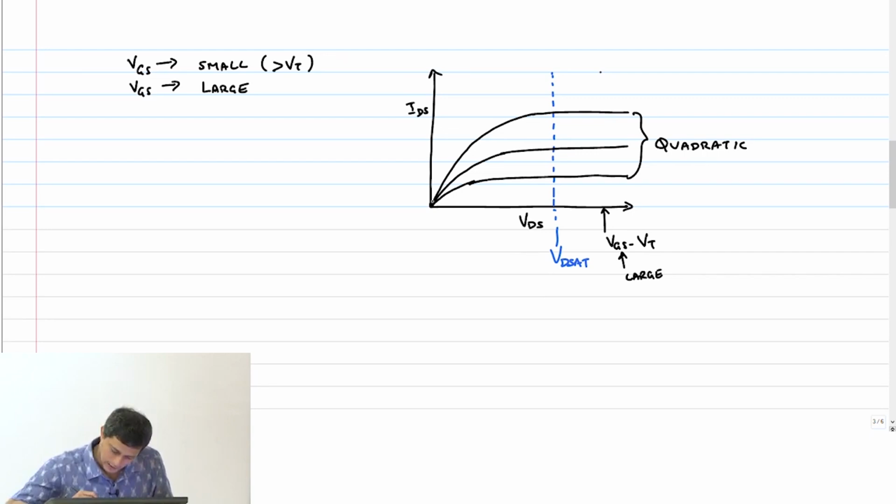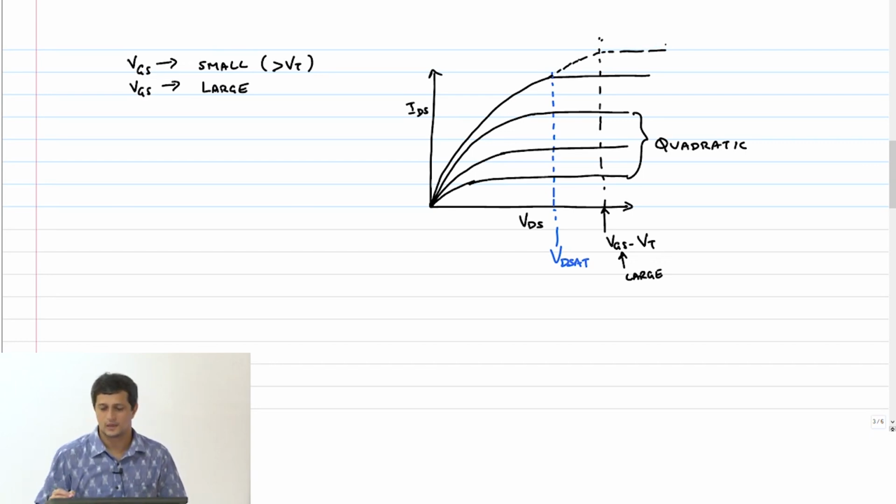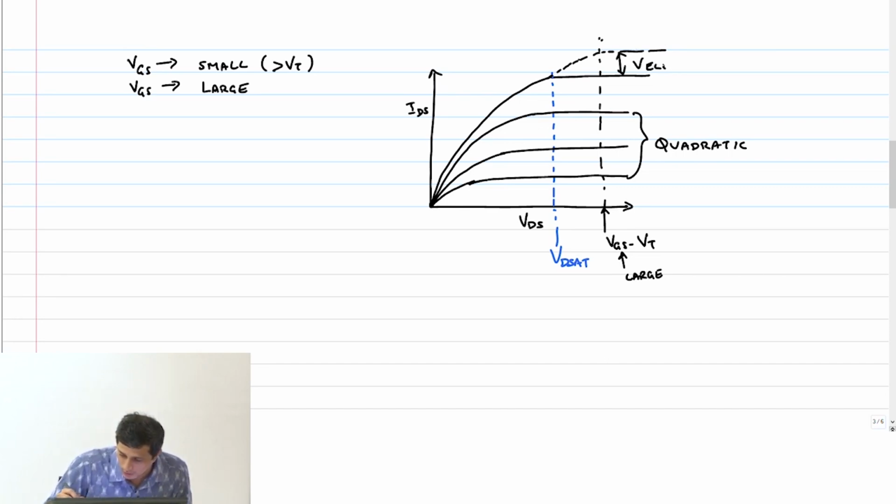Then the current will actually go up like this, and then saturate here. Normally it should have gone on in the linear region until here and then saturated here. This effect of lowering the current is due to velocity saturation.